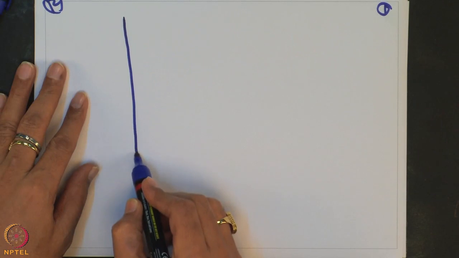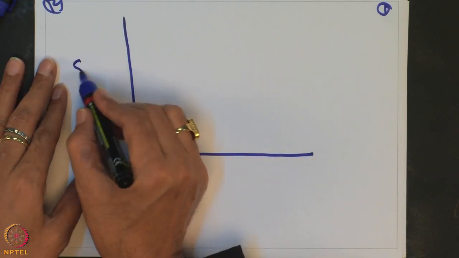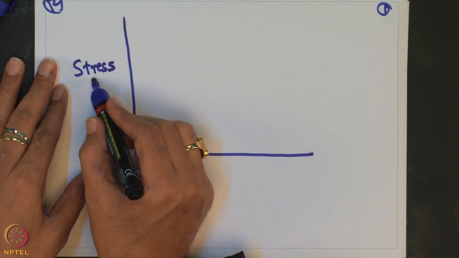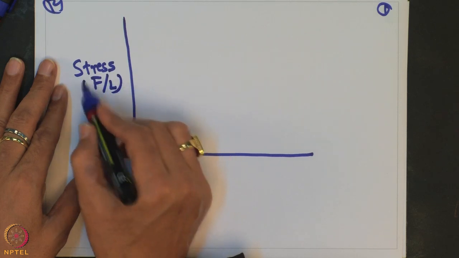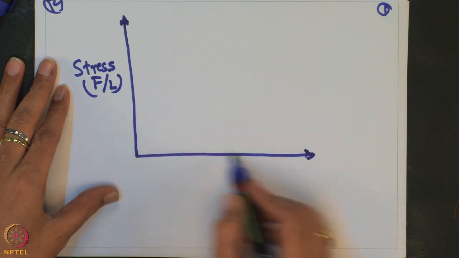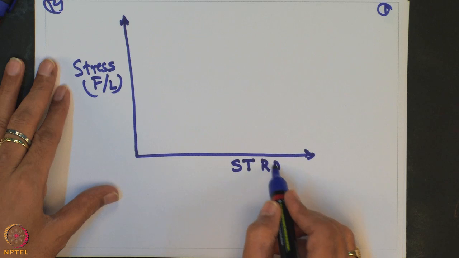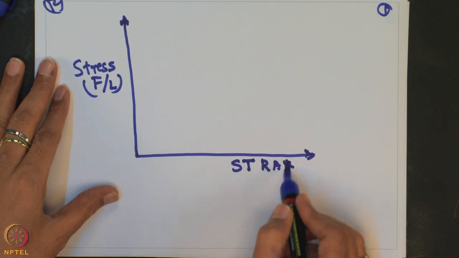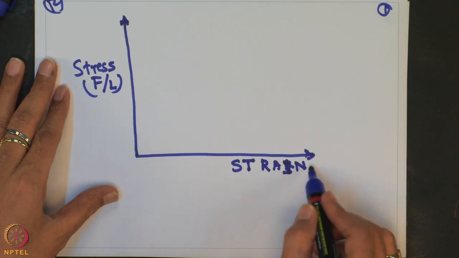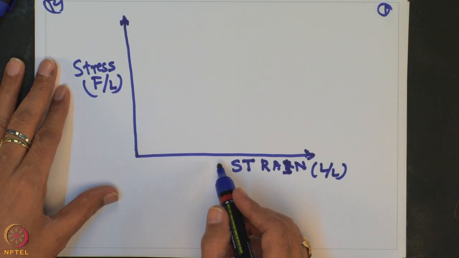You can draw a relationship between the stress, that is F by L, on the y axis, and the strain, that is ΔL by L, on the x axis.